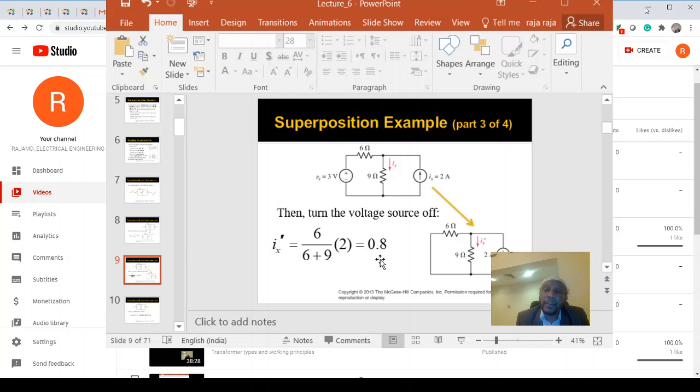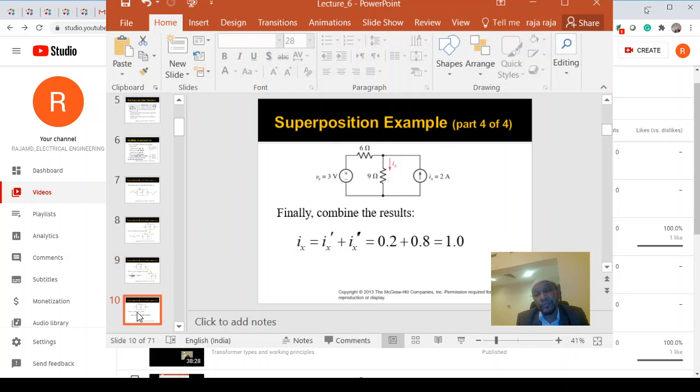This way we can apply the superposition theorem, solve the problem and calculate the current, and it is also very important to calculate how much we get from each source. We can use other methods, for example the nodal voltage method or the mesh current method, to solve such problems, but we do not get the individual contribution of each source in the final solution. That is the advantage of the superposition network theorem.